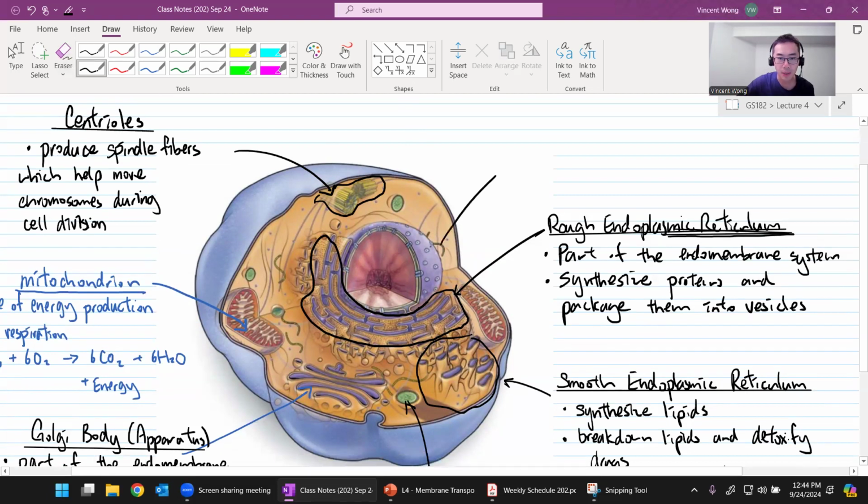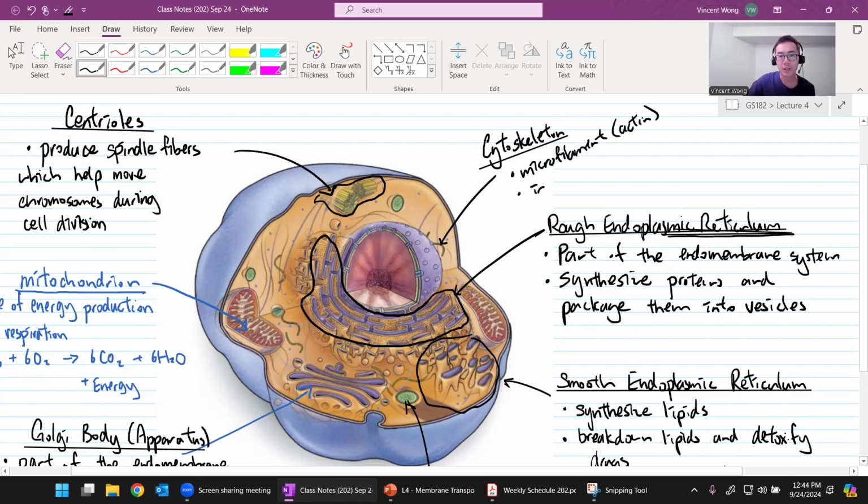There are some random fibers here, right? You see some more here, some more here. Those are generally just cytoskeleton. You can't really tell which one they are, so I'm just going to put cytoskeleton here. We learned 3 types of cytoskeletons. We have the microfilament, which is made up of actin.